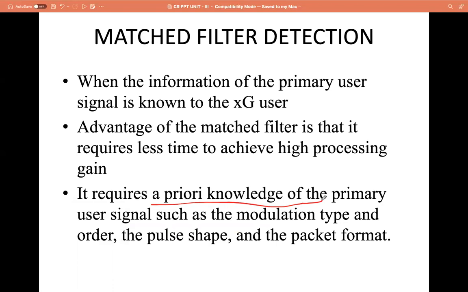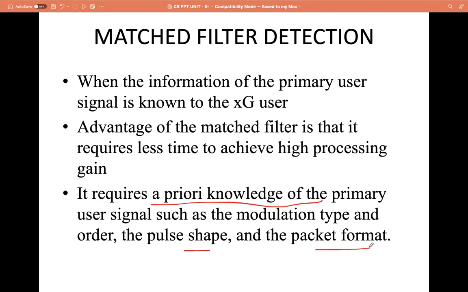For example, it should know the modulation type, the shape of the primary signal, the packet format; everything should be known by the XG user. Since the XG user knows the pulse shape, the modulation type, and all the other characteristics of the primary user signal, it can easily find out whenever a primary user transmits its signal.